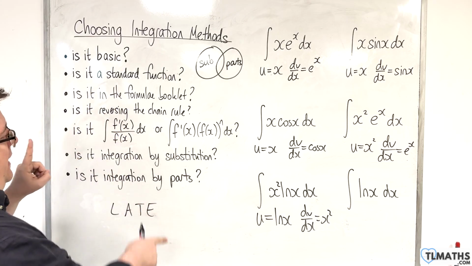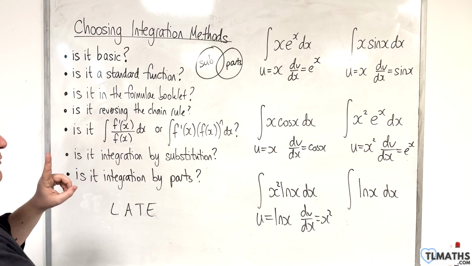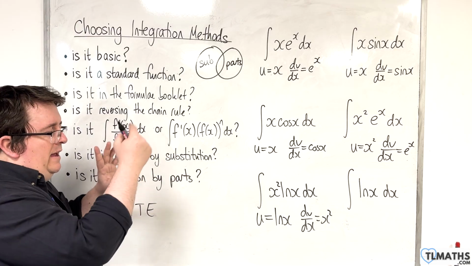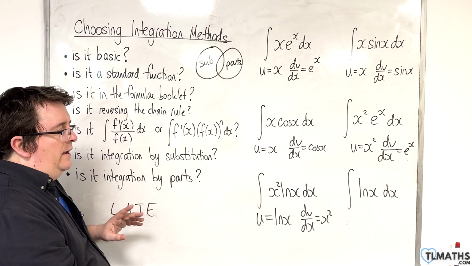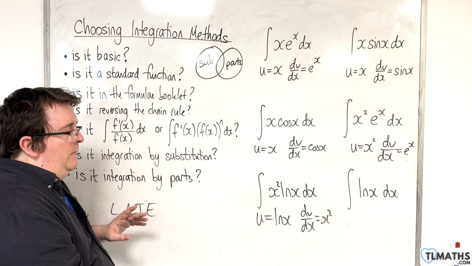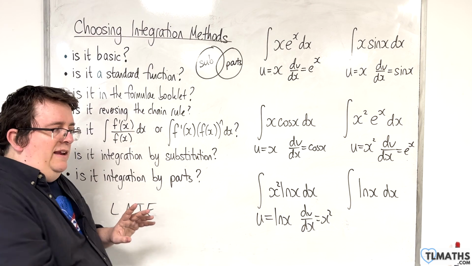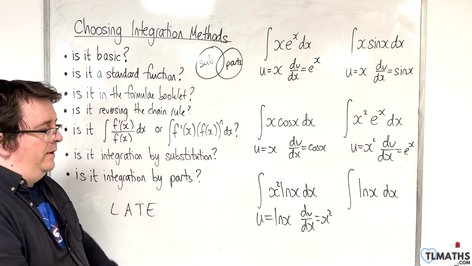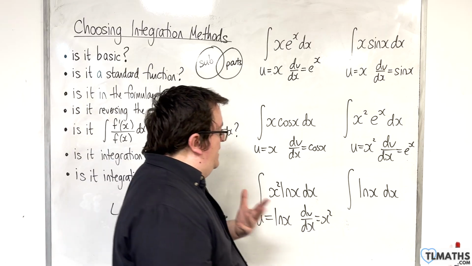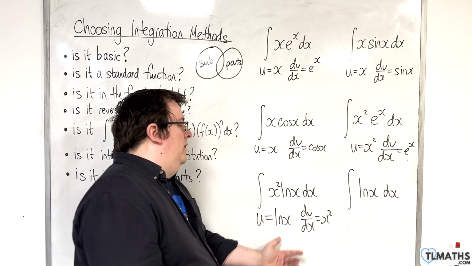You get u times v, so log x times an x cubed bit, and then you get v times du by dx. So you'll end up with x squared inside the integral, won't you? Which can then be integrated. So you only need to do that once.